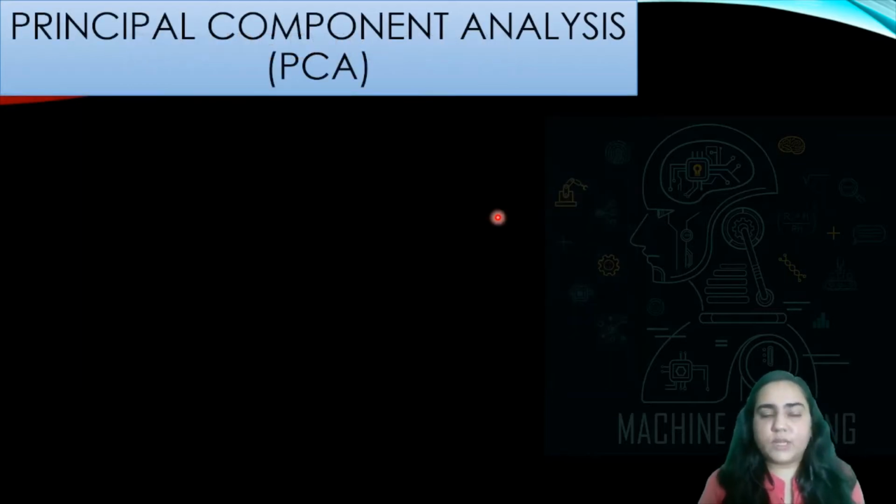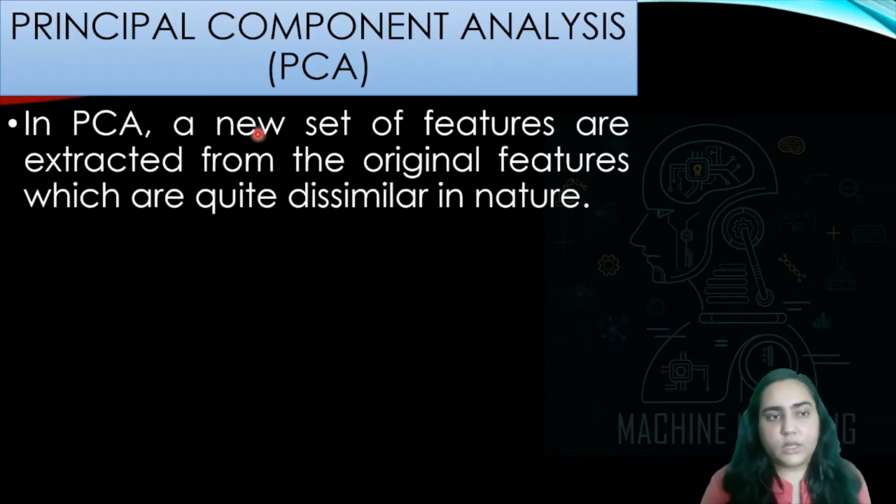Now there are several techniques to do feature extraction. The first one of those techniques is known as principal component analysis, which is also known as PCA. So let's take a look at that. In PCA, a new set of features are extracted from the original features, which are quite dissimilar in nature.